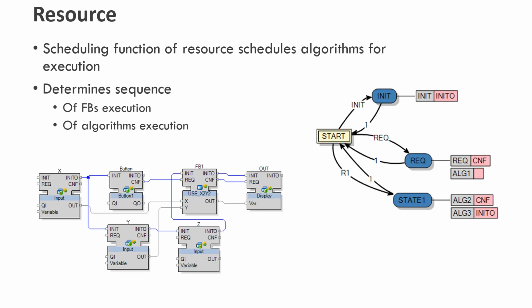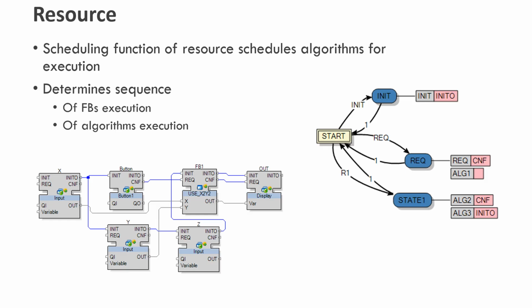So the scheduling function of a resource actually schedules algorithms for execution as it was described in the behavior of a basic function block. It also determines the sequence of execution of function blocks, as there could be several events coming to a single function block input, and then the resource decides which of these events or which of the function block instances has to be taken for execution.